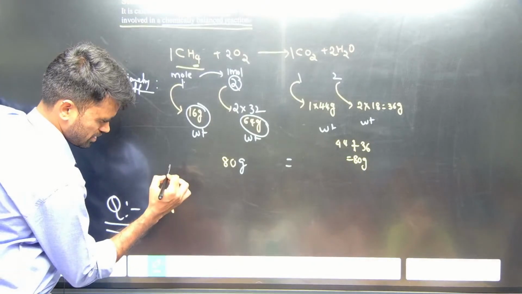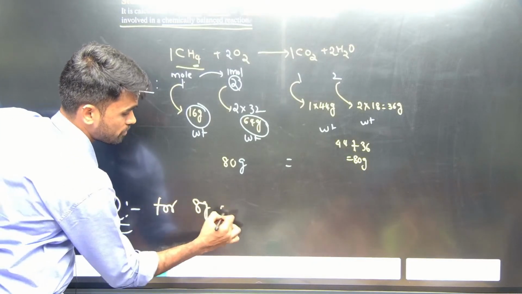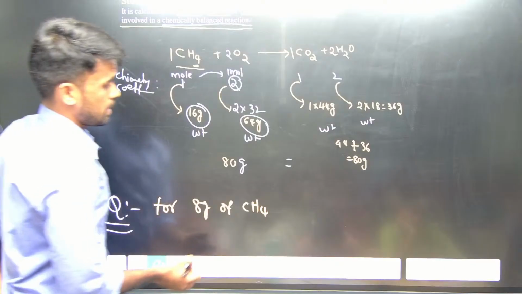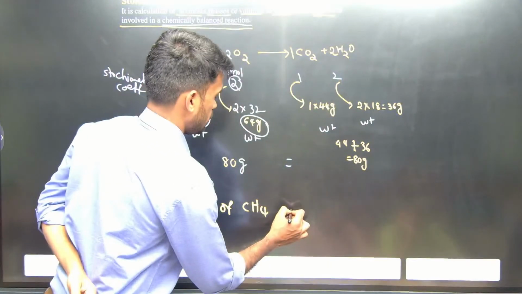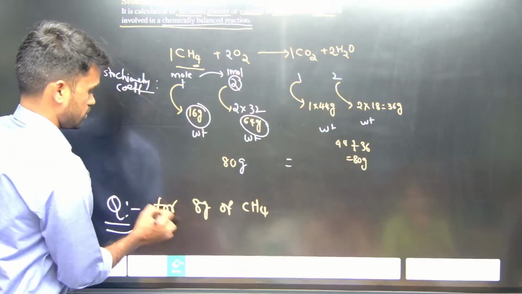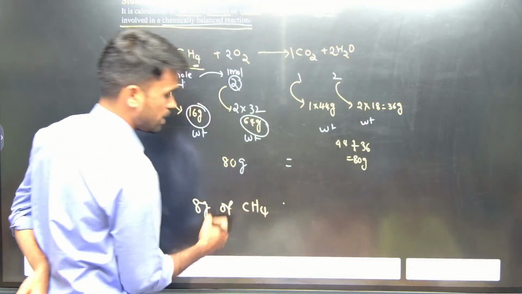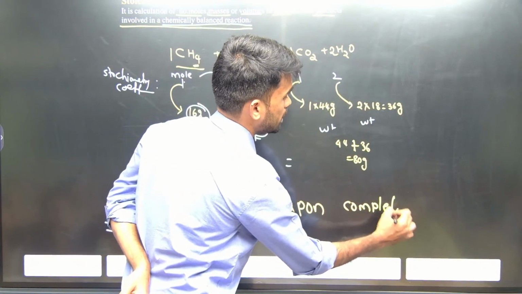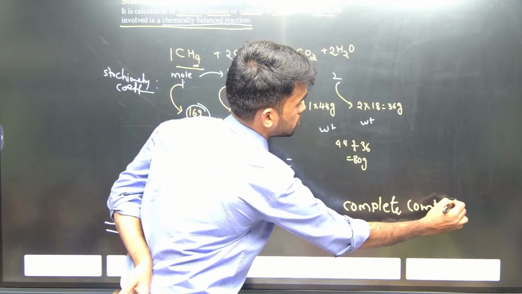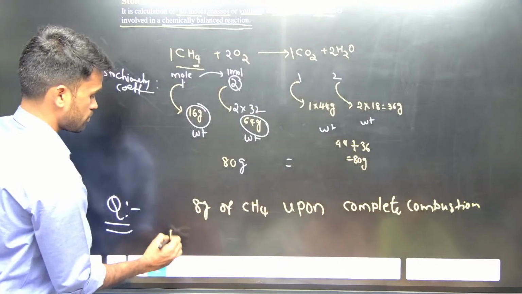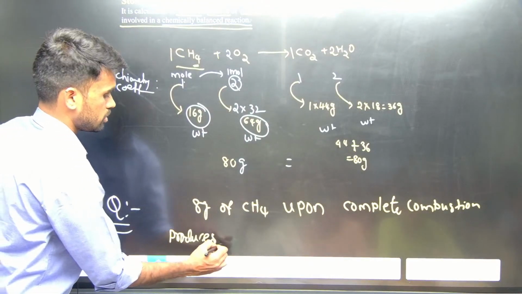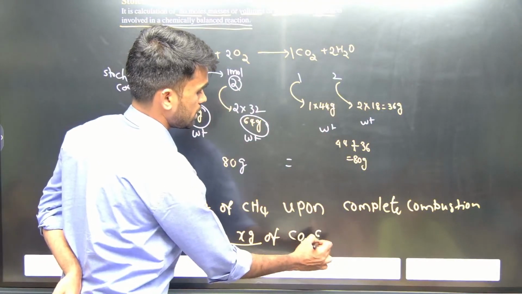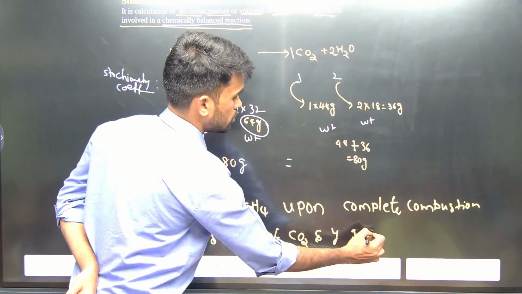For 8 grams of methane, upon complete combustion, produces X grams of CO2 and Y grams of H2O.